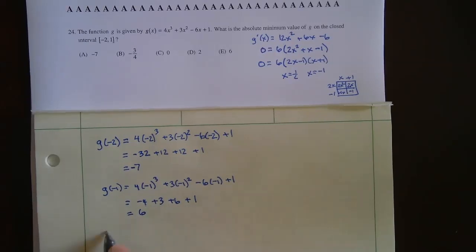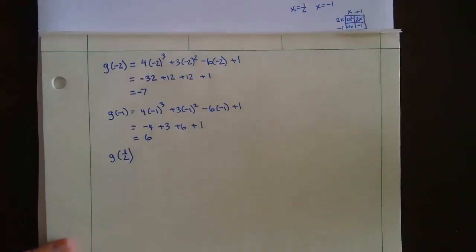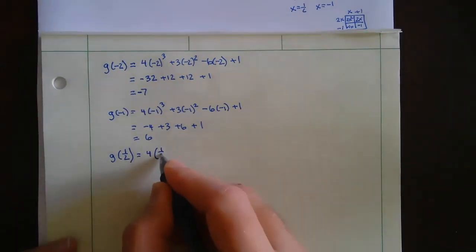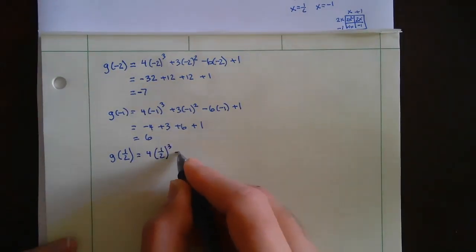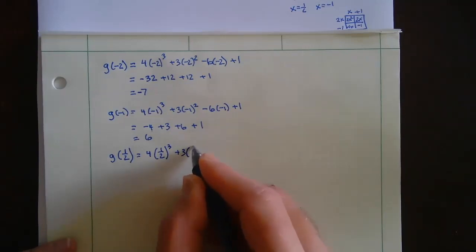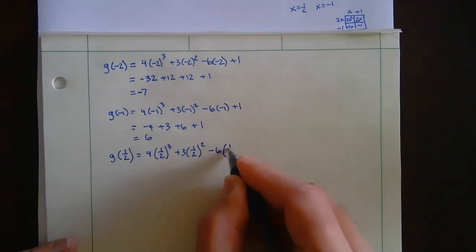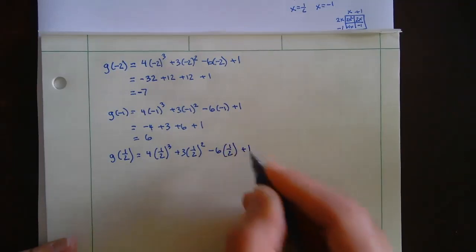And then let's do g of 1/2. I'm going to slide it up a little bit. G of 1/2 would be 4 times 1/2 cubed plus 3 times 1/2 squared minus 6 times 1/2 and then plus 1.